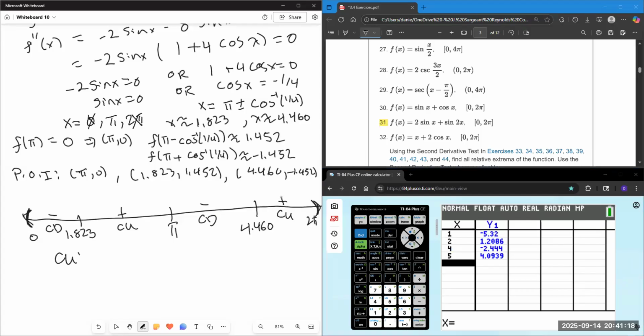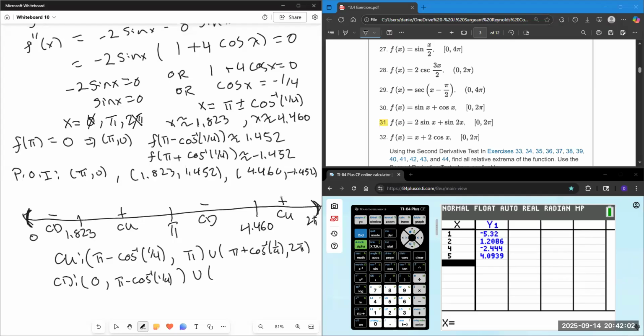So we're concave up on the interval from pi minus arc cosine of 1/4 to pi union pi plus arc cosine of 1/4 to 2 pi, concave down from 0 to pi minus arc cosine of 1/4 union pi to pi plus arc cosine of 1/4.